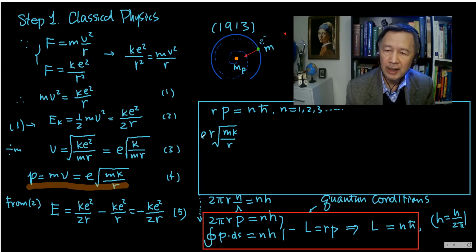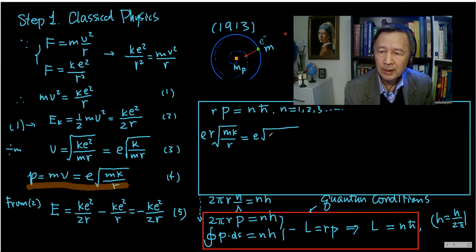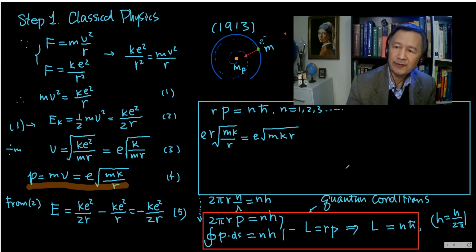So these two R are identical, right? If you bring this R into this square root, the left-hand side becomes e multiplied by the square root of m k R. You see that? That's the left-hand side.